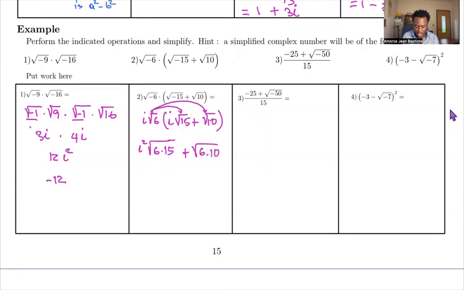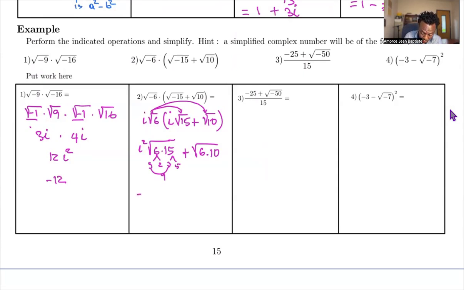Okay. Now, we may want to simplify this as well. So we have, this is 3 times 2, and this is 3 times 5, right? You have 3 times 3, which is 9. So we can pull out a 3. And then this is -1.